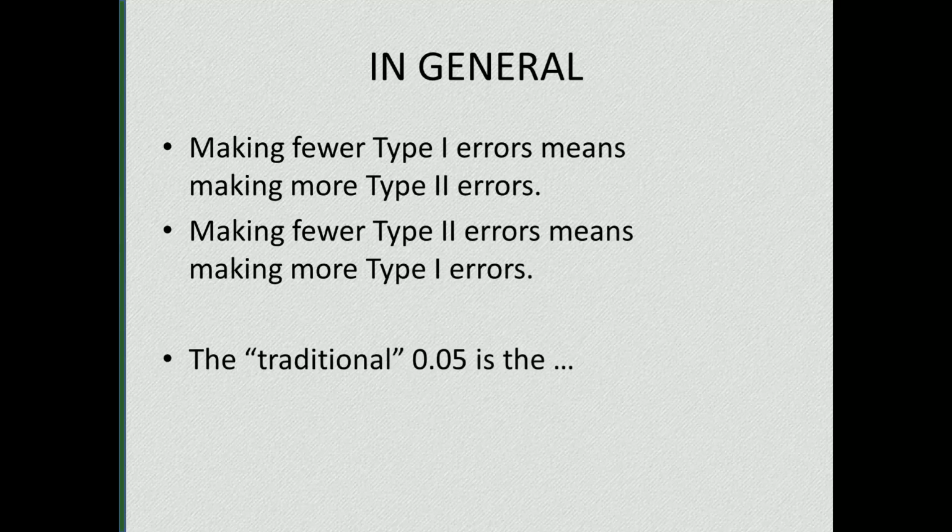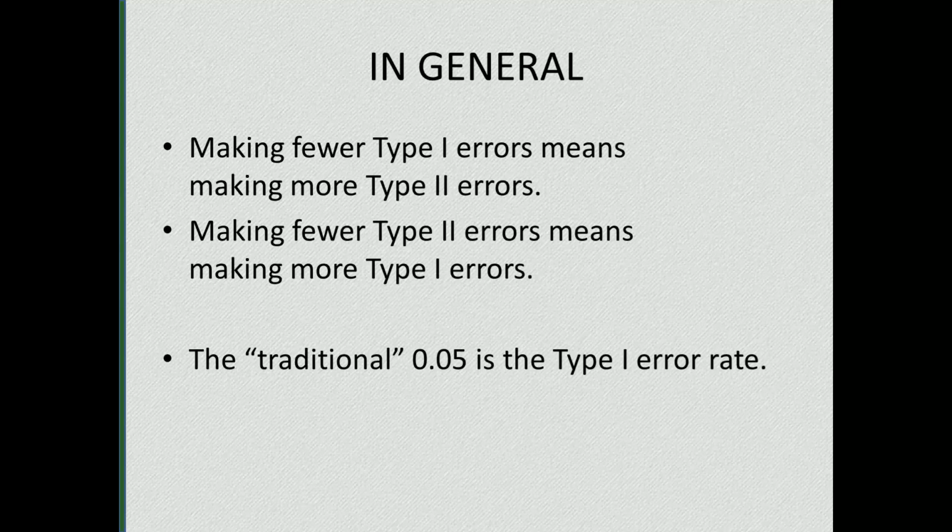That magic 5% number we've been using, tradition, that 5% number is the type 1 error rate. Think about why. We've used the example of tossing a coin.